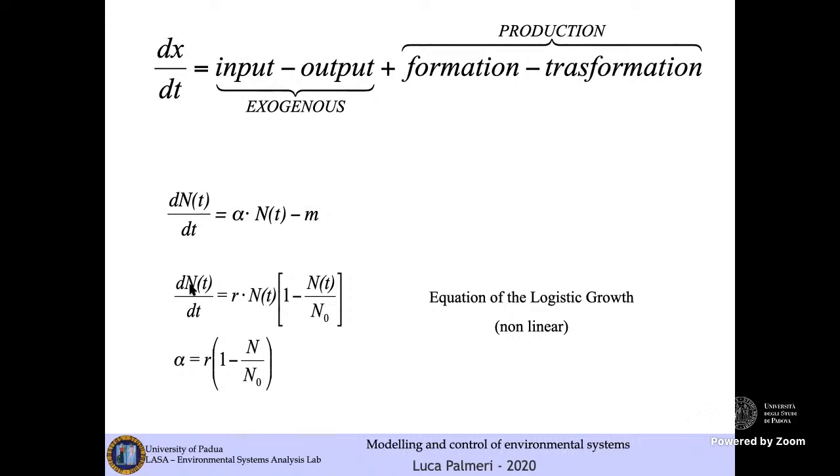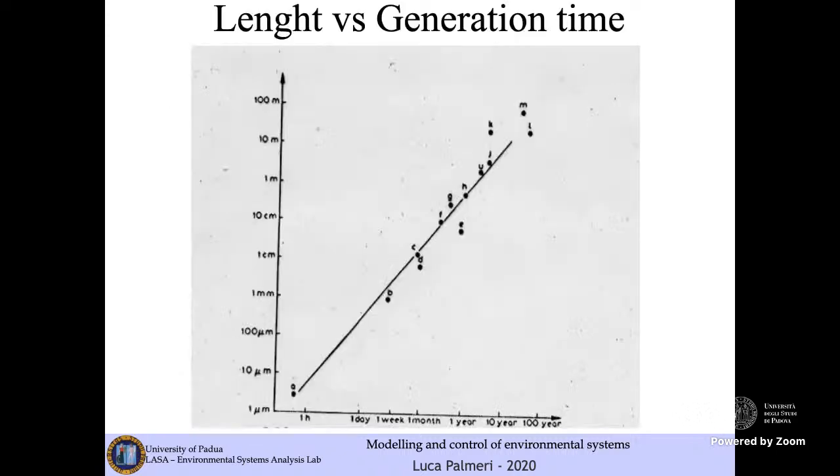In order to describe this, we shall employ a first order, because these are derivatives of the first order in time, non-linear because here we have an N square, ordinary differential equation. We may see several examples of this description in ecological systems.